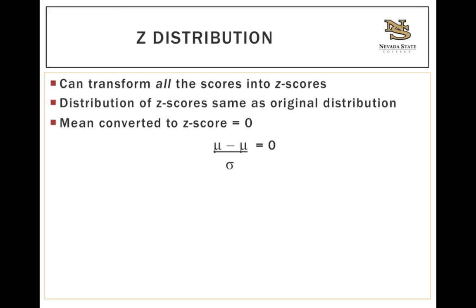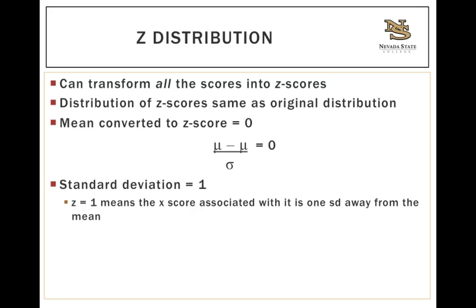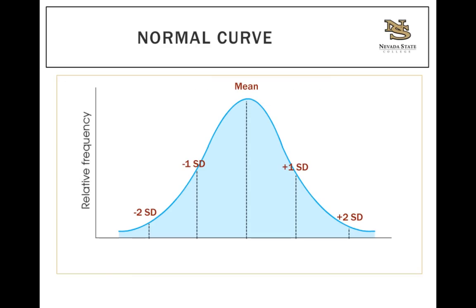And we know that one standard deviation away is a z-score of 1. So that means when you have a z-score of 1, the x score, or the raw score associated with it, is one standard deviation away from the mean. So if we think about it again, instead of this graph, we have a z distribution where our mean has a z of 0.